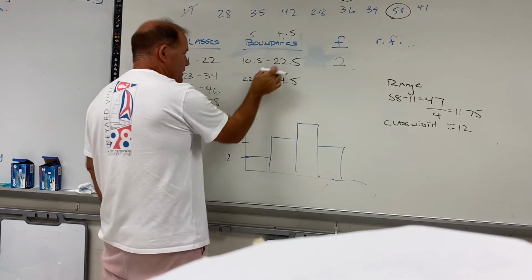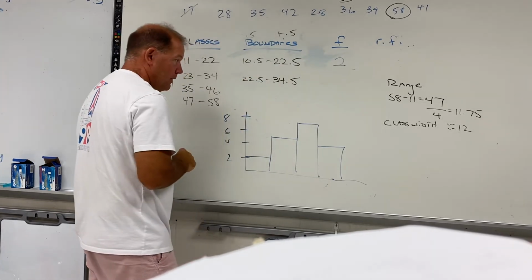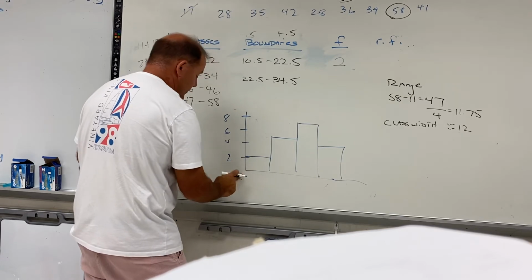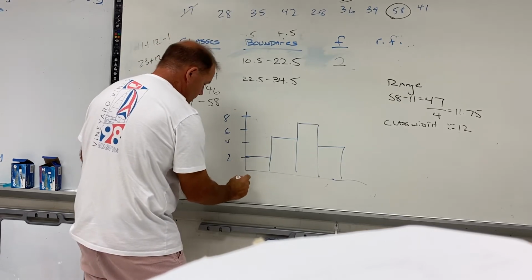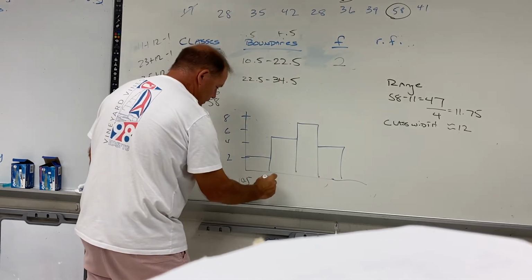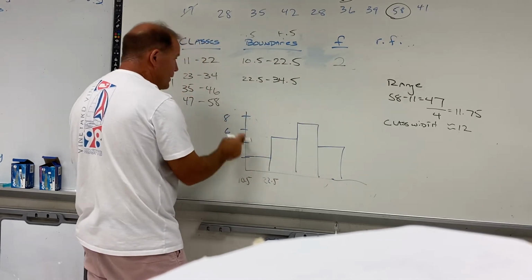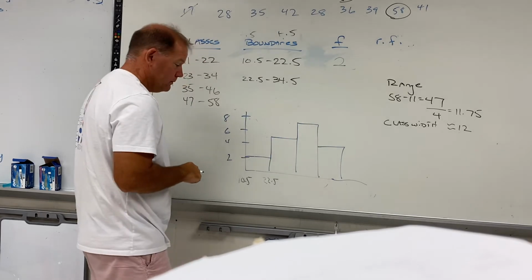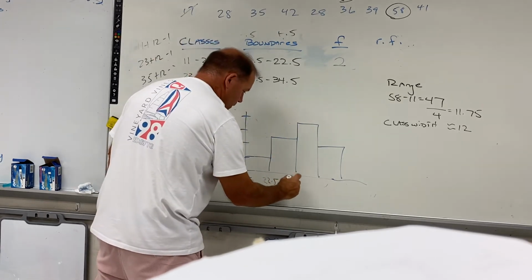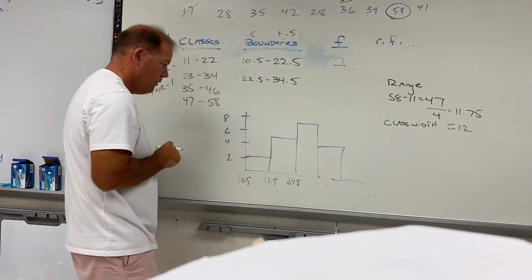What we notice here is that these are going to connect. So when we make our histogram, my first bar is going to be 10.5 to 22.5, and that frequency was 2. My next bar is going to be 22.5 to 34.5.